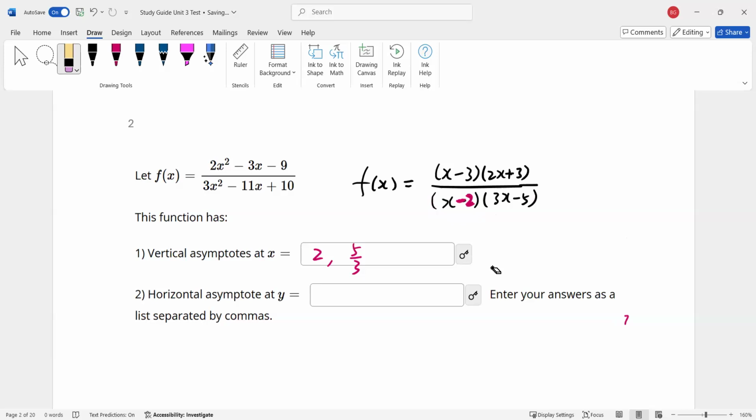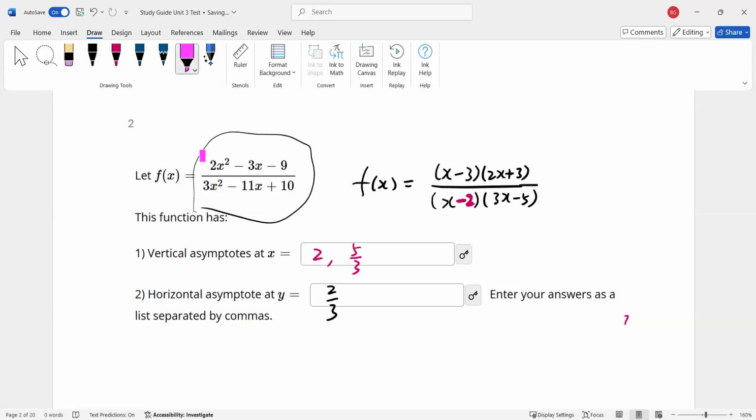What about horizontal asymptotes? I would look at the original rational function for the horizontal asymptote. Since the numerator has degree 2, denominator also has degree 2, then the horizontal asymptote is y equals the quotient of the two leading coefficients.